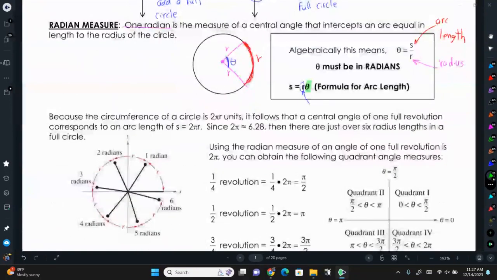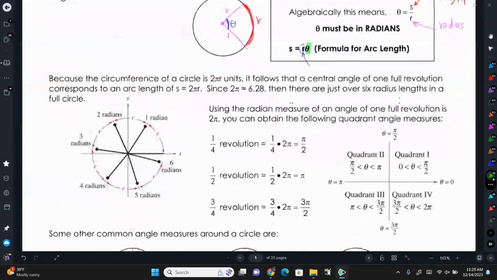So because the circumference of the circle is 2 pi r, it follows that a central angle of 1 revolution corresponds to an arc of s that is 2 pi r. And then 2 pi is equal to about 6.28. So there are just a little bit over 6 radii lengths in a full circle.